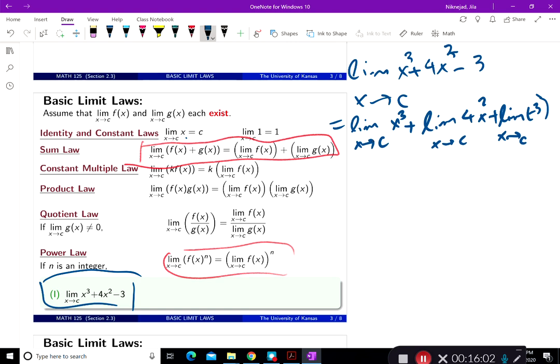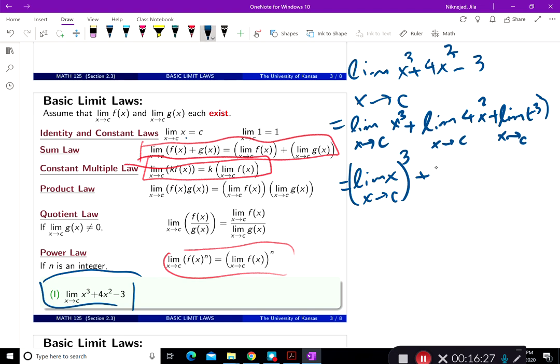So that's what I do. Each term separately, I use another law. Here, what we're saying is that we take the power outside. So that's the first thing. Then for the second term, I'm going to use the constant coefficient, constant multiple.